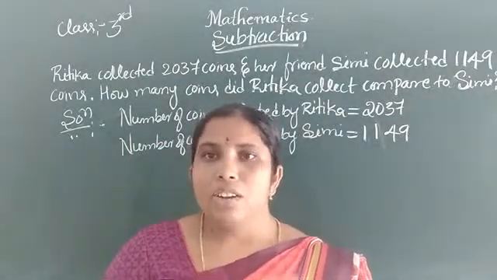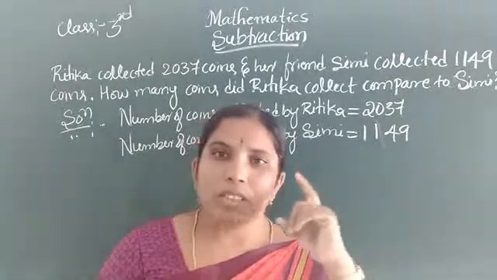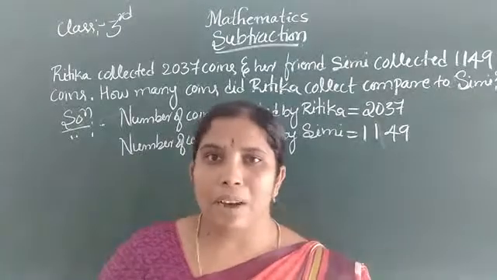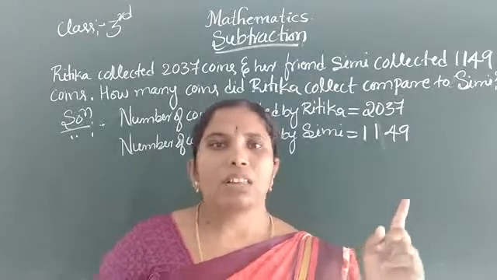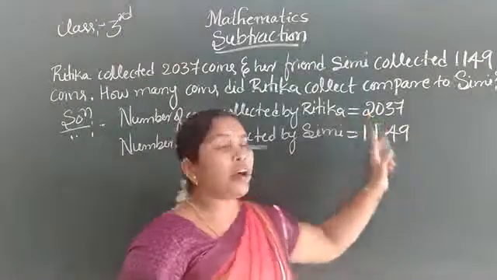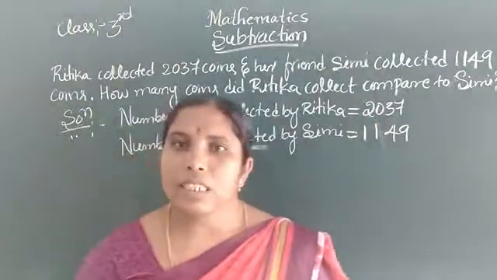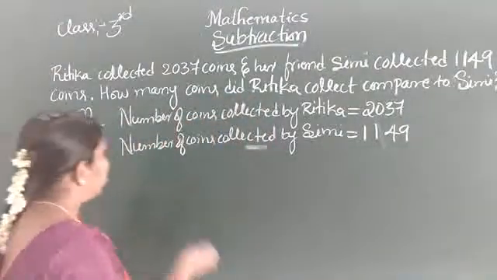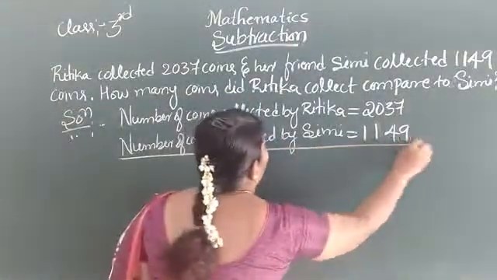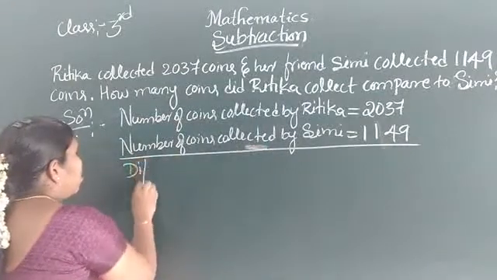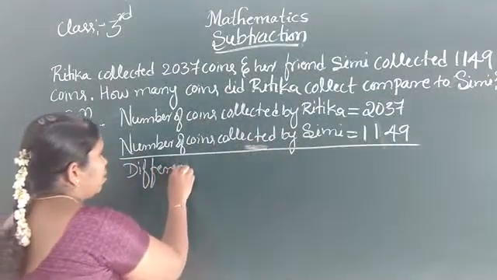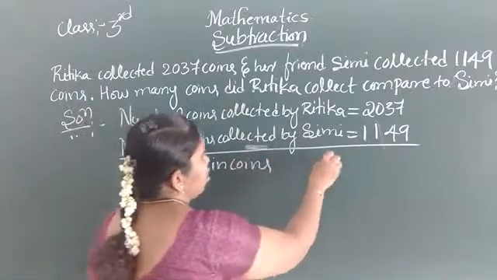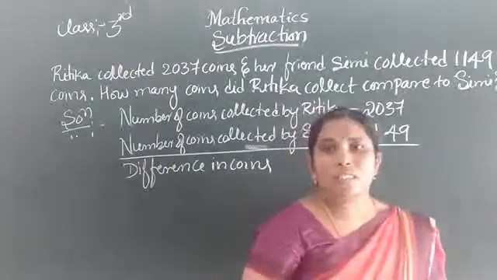That means you can find the difference of these two numbers. Difference means subtract 1149 from 2037. The difference in the coins is equal to, we want to do subtraction.